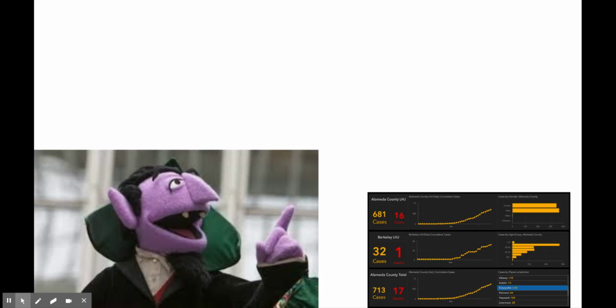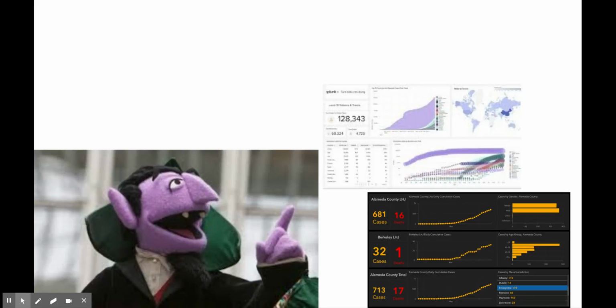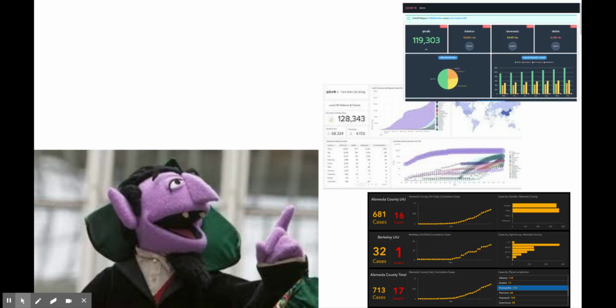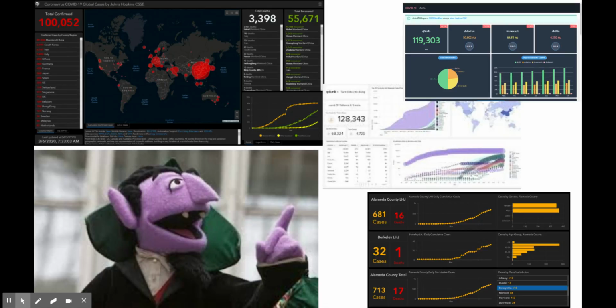We count disease in a number of ways. And what I think is interesting about this pandemic is all of the cool dashboards, as they're called, that a lot of you guys have probably seen. There are a lot of them, and this one is probably the most famous. It's the most widely used, and it was one of the first. The coronavirus dashboard that is put together and monitored and maintained by Johns Hopkins University.